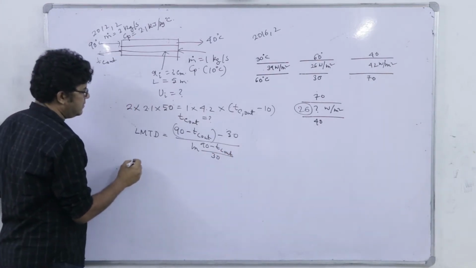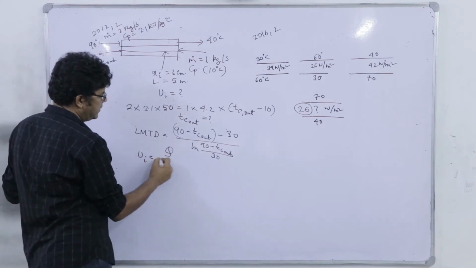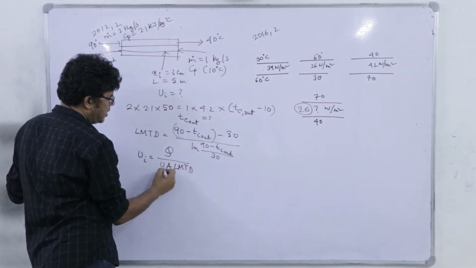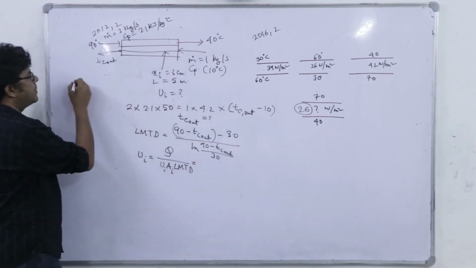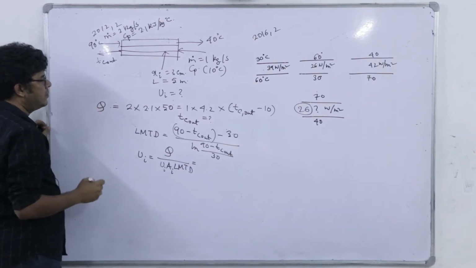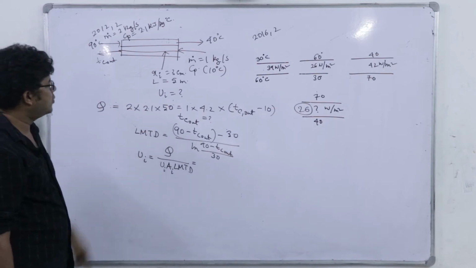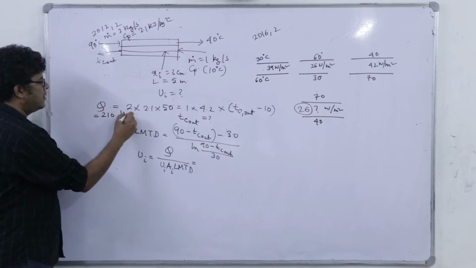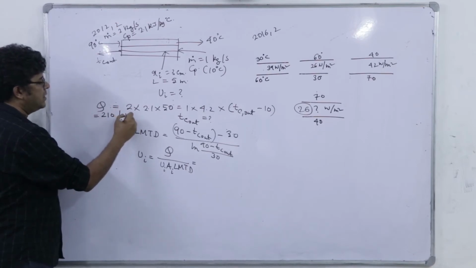And Ui we can calculate as Q divided by Ai LMTD. So Q is basically in kilojoule: 2 into 50 is 100, into 2.1, so 210 kilojoule per second, or kilowatt.